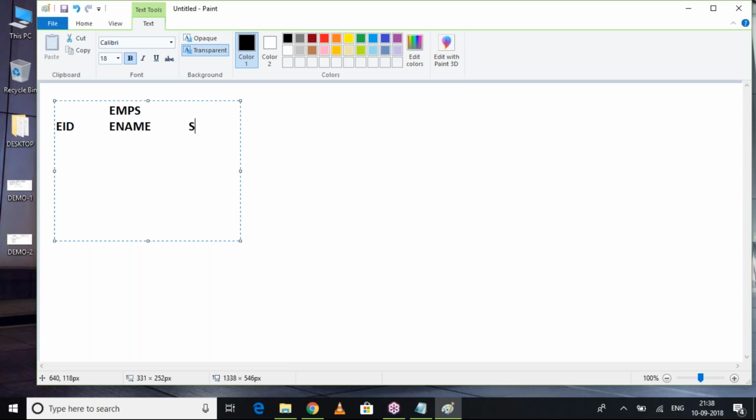Employee data we are saving under EMPS. 111, employee name, salary, 23,222. Let me take Siva, salary 32,000 and 333.